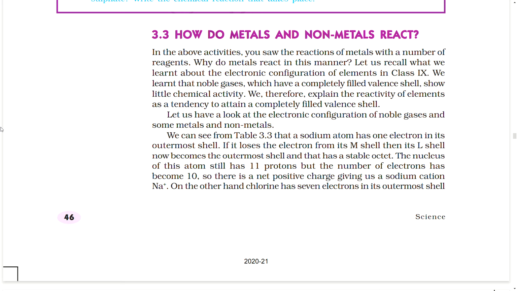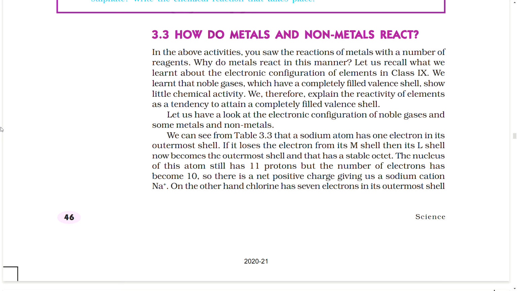We learned that noble gases, which have a completely filled valence shell, show little chemical activity. We therefore explain the reactivity of an element as a tendency to attain a completely filled valence shell. Let us have a look at the electronic configuration of noble gases and some metals and non-metals.